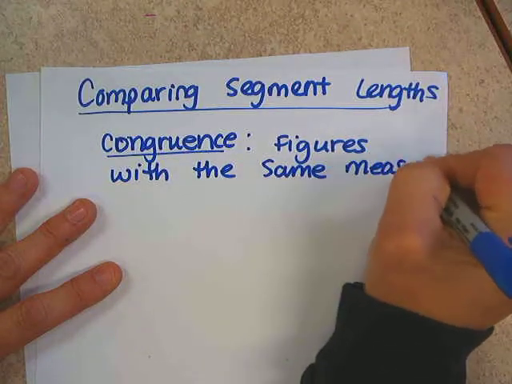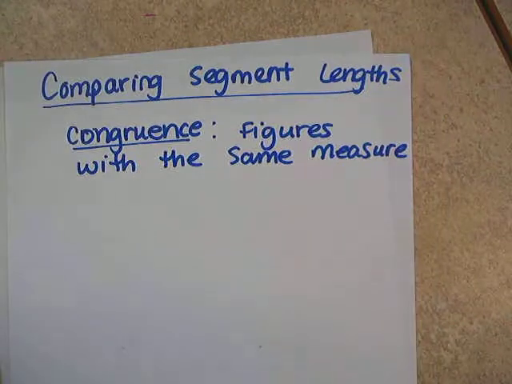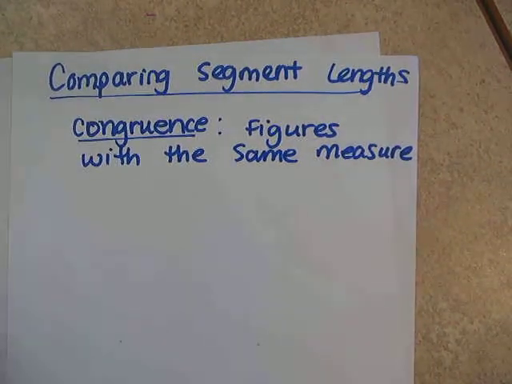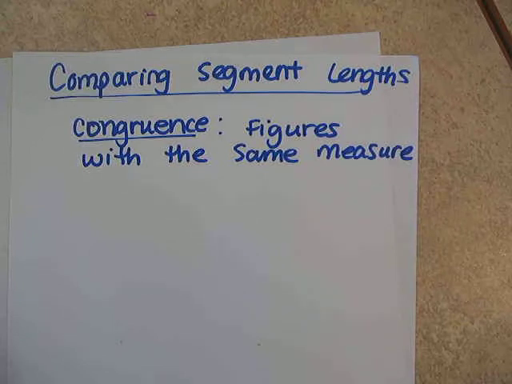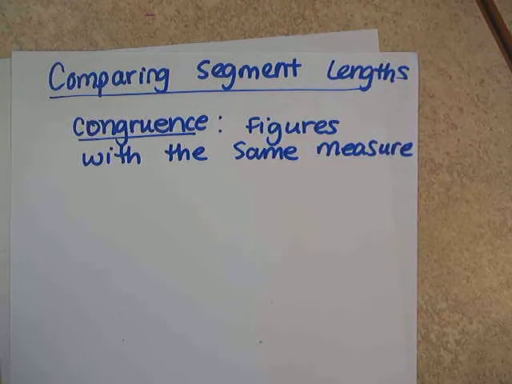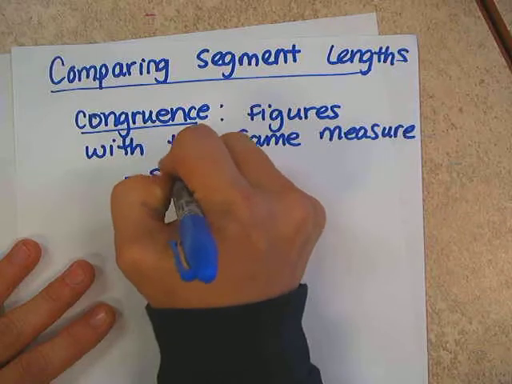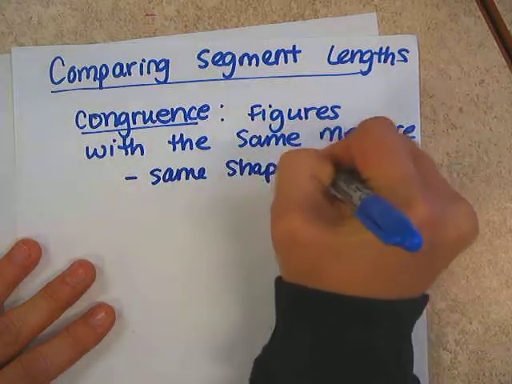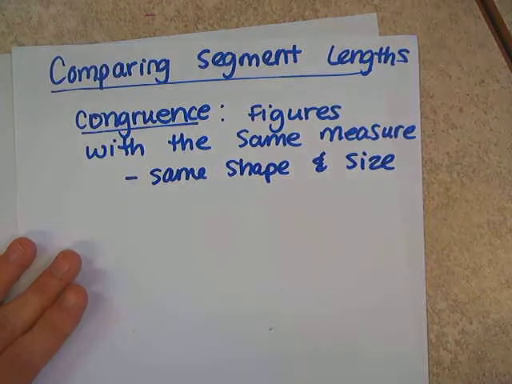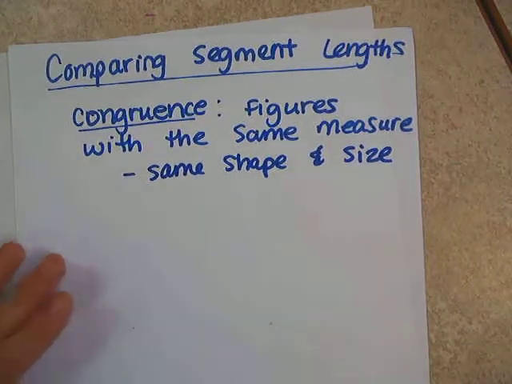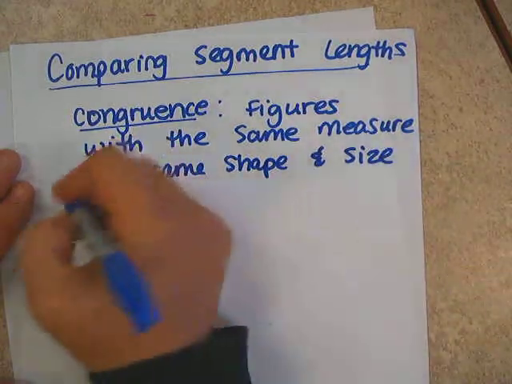We're going to say congruence refers to figures with the same measure. We're going to talk a lot throughout the year about things that are congruent. Okay, angles are going to be the same degrees if they're congruent. Triangles, if they're congruent, are going to be same shape, same length sides, same measure of angles. Okay, so same measure, same size, everything. So figures with same measure, you can also write in here same shape and size.